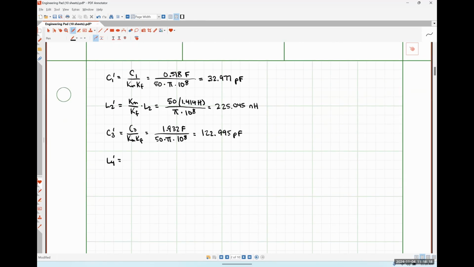L4 is Km over Kf times L4. So that's, it is indeed 10 to the minus 12.